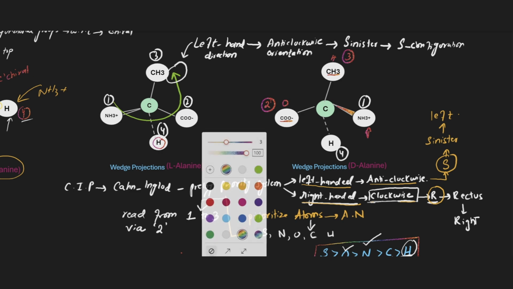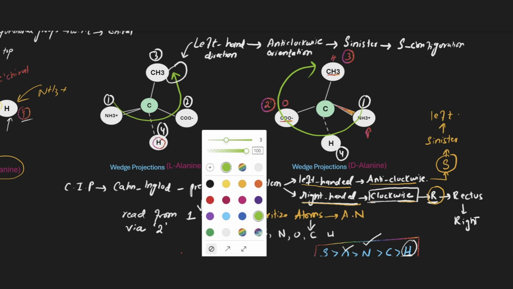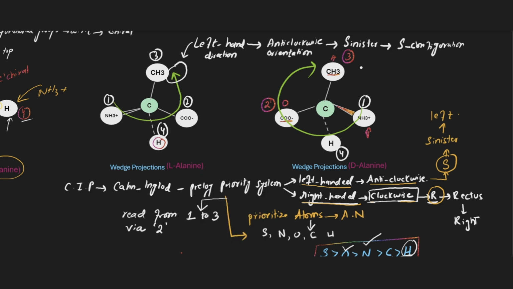So again, according to the CIP rules, you have to move from 1, 2, 3 via 2, ignoring 4, because it is at the back side of the molecule. So now you have to look at the arrowhead, which direction it is actually moving. Now it is moving in the right hand direction, and when it is moving in the right hand direction, it means that it is oriented in the clockwise form.